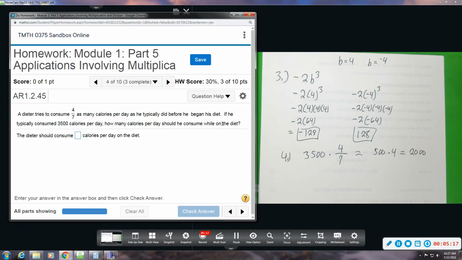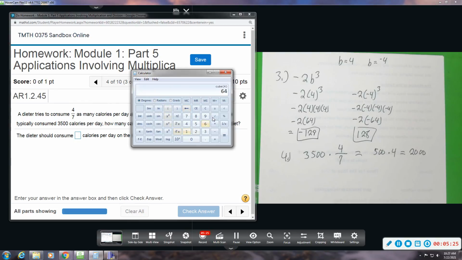And again, this is something you can do with a calculator. As much as you can do without it would be good. But if you do, let me clear this out, 3,500. And then let's just say I do the multiplication first. So times 4, and then divided by 7, because that's what's happening when we multiply by a fraction. We get 2,000.